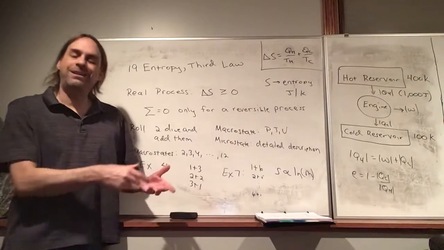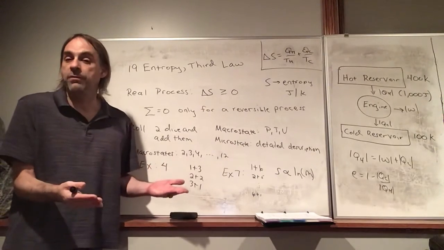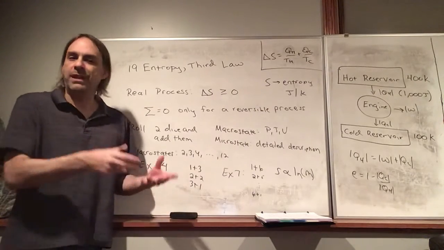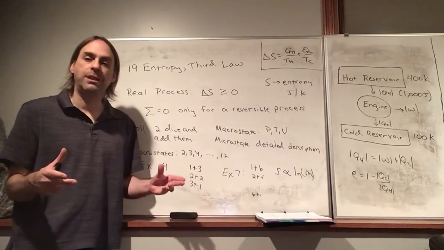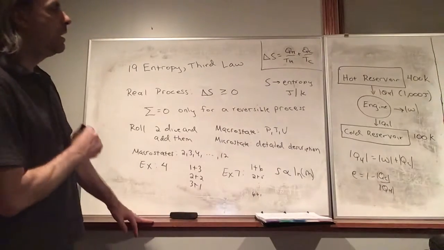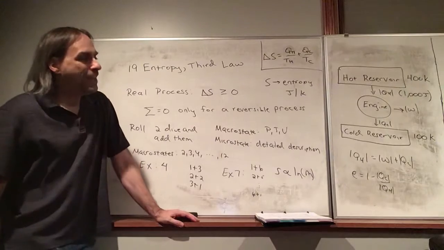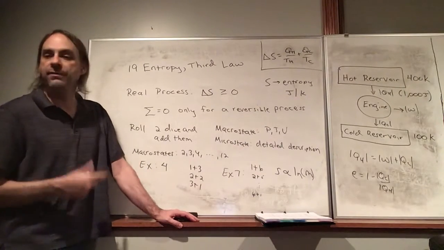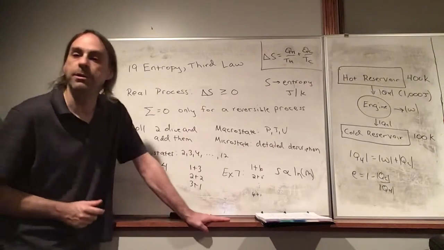Or even if you look at unusual averages, like say the average should be 3.5 if we're looking at ordinary dice, to get an average of say 2, again, it's extremely unlikely. The larger the system, the more unlikely the result will be. And so we can basically treat this as a true law of the universe, even though it's based on statistics, just because these odds are so enormous.